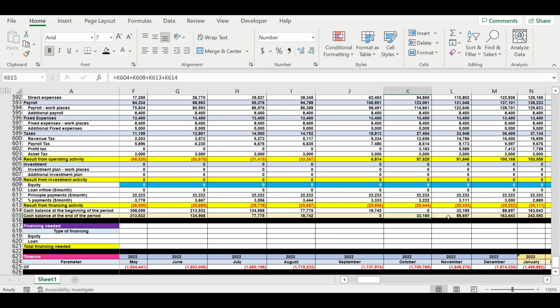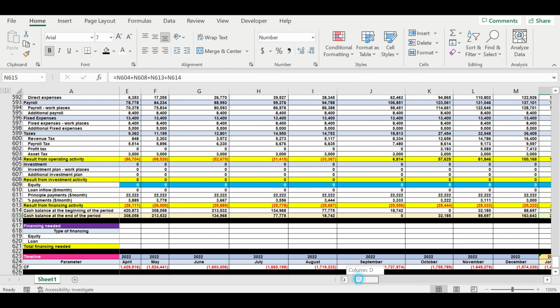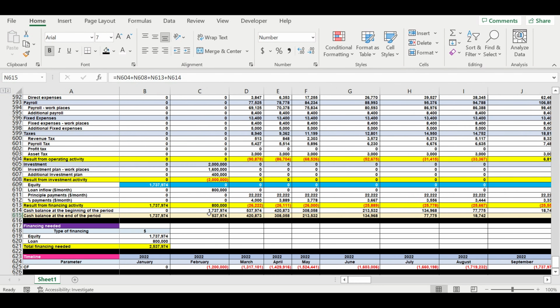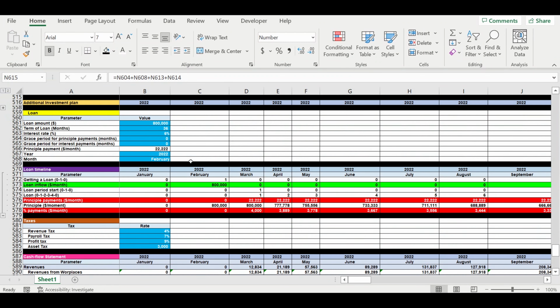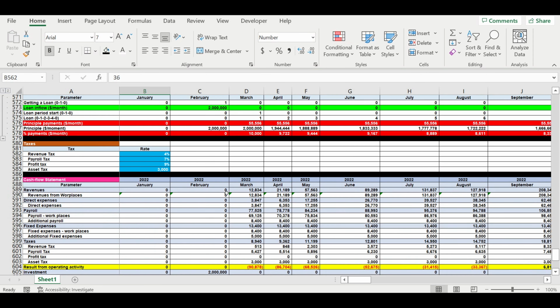So the next month is the month when the project starts generating its own cash, and we can use any ratios. For example, we can use a $2 million loan.